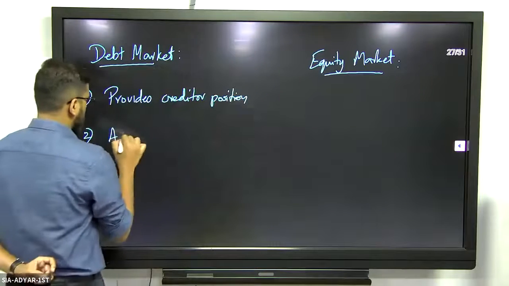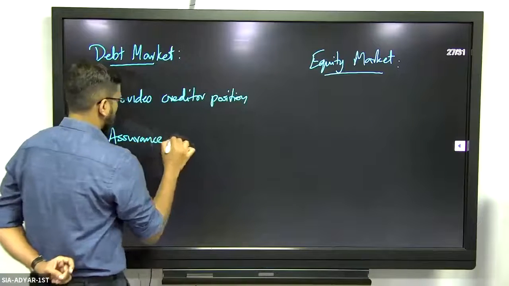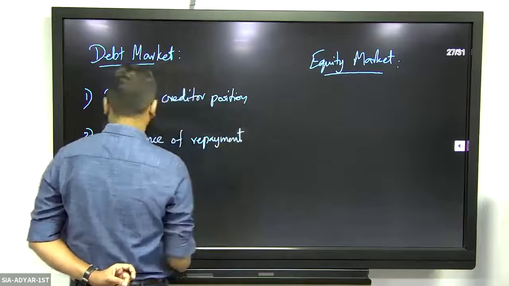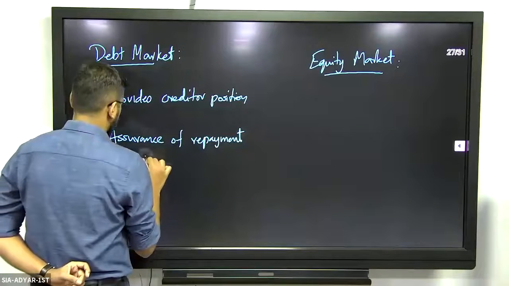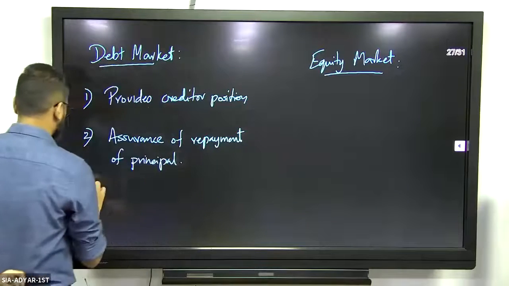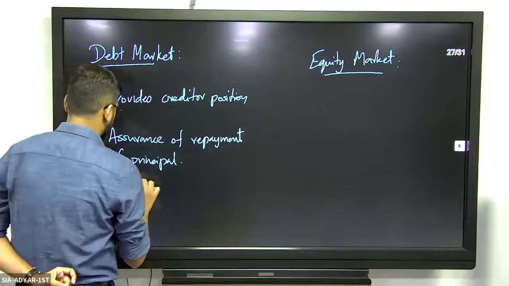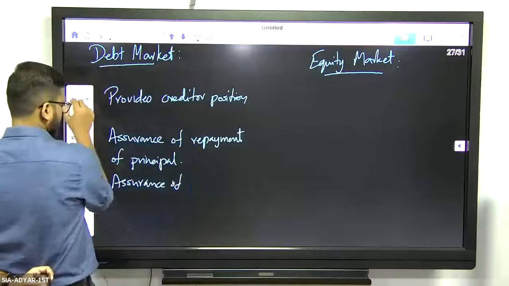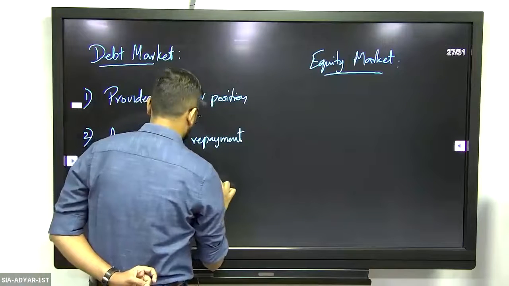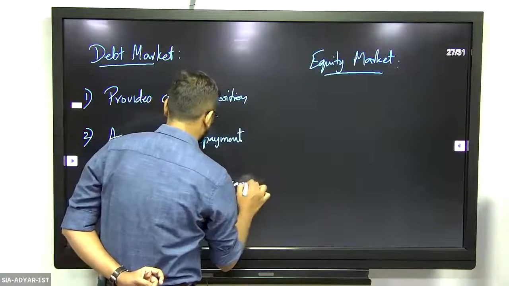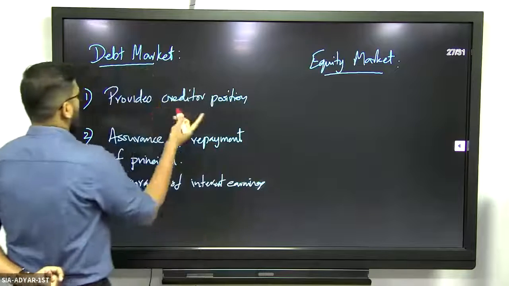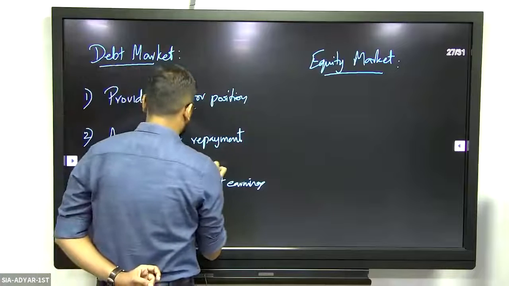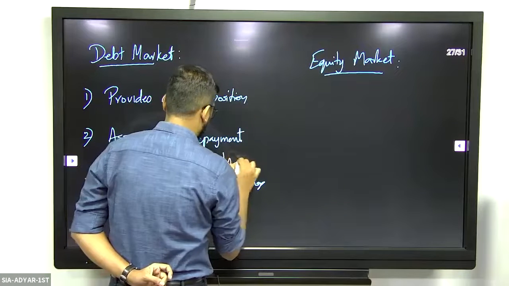Number 2, there is assurance of repayment of principal. Number 3, assurance of interest earnings. Providing creditor position and assurance of repayment of principal means that there is a maturity period.